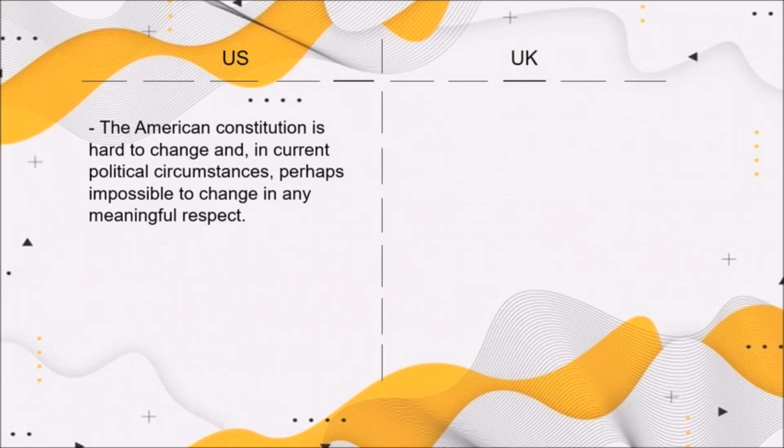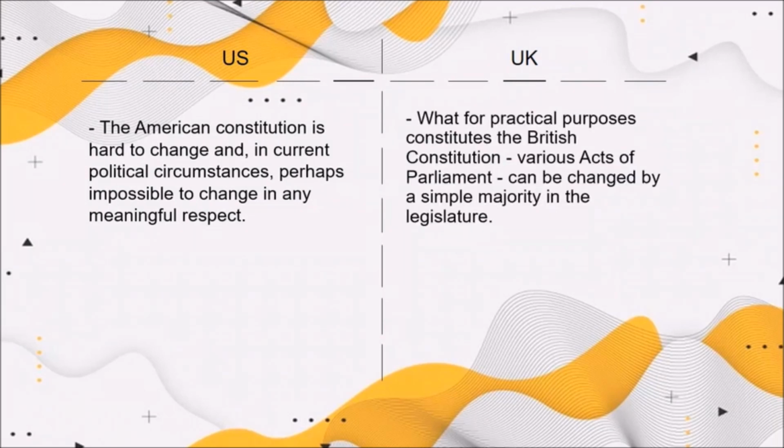And what for practical purposes constitutes the British Constitution, various acts of parliament, can be changed by simple majority in the legislature. For instance, the current coalition government introduced fixed terms for the House of Commons by passing the necessary legislation.